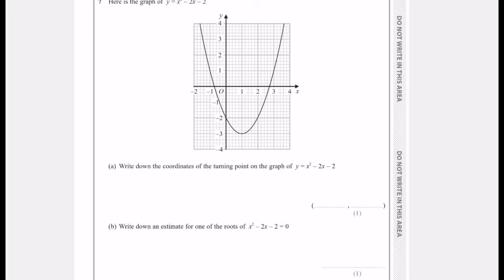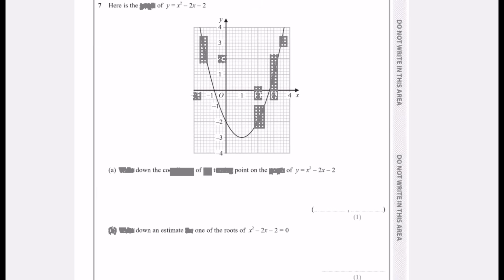Question 7. Here's a graph. Write down the coordinates of the turning point. So the turning point is where it turns. It's at 1, -3. Write down an estimate for one of the roots. So we've got the graph. The roots are here where it crosses the x-axis.